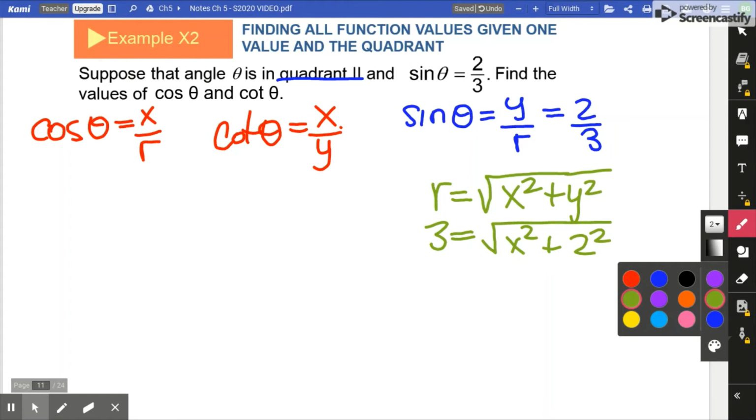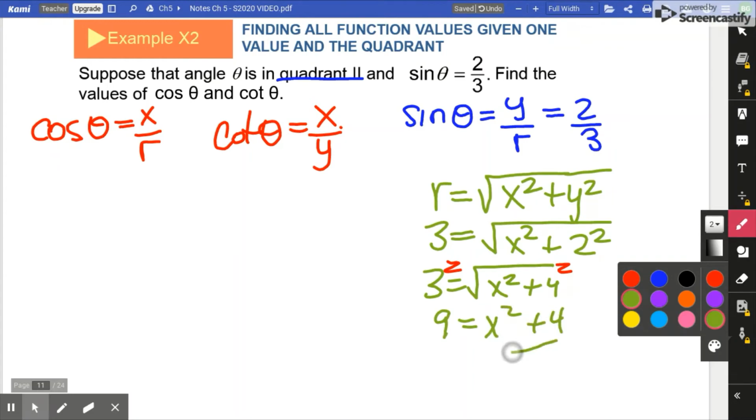And we'll solve this equation. 3 equals the square root of x squared plus 4. I'm going to square both sides, which gives me 9 equals x squared plus 4. Subtract the 4 over, and that gives me x squared equals 5.